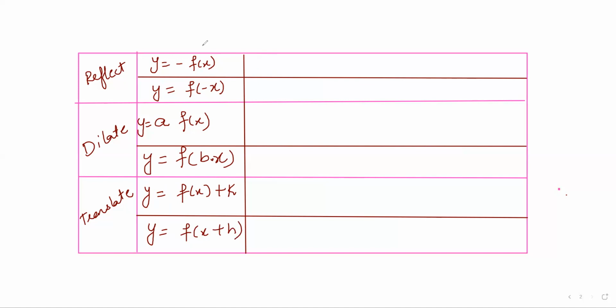I'm going to write in words what it actually means. What does y is equal to minus f of x mean? Y is equal to minus f of x means reflect vertically over the x-axis.